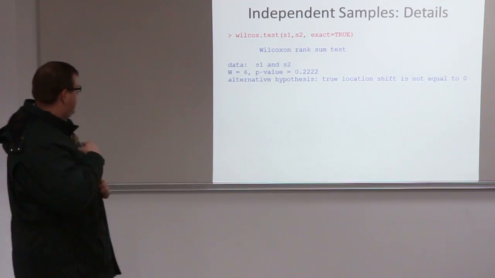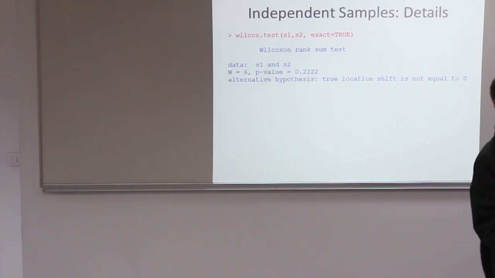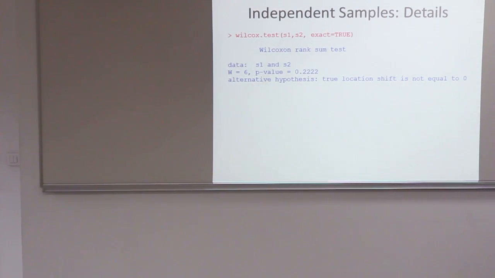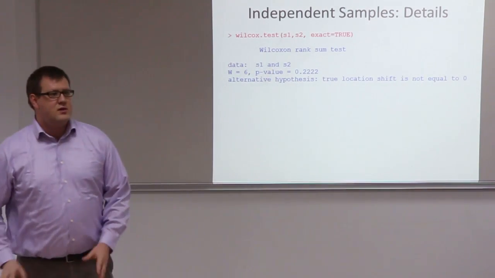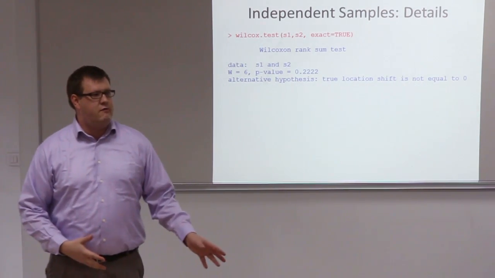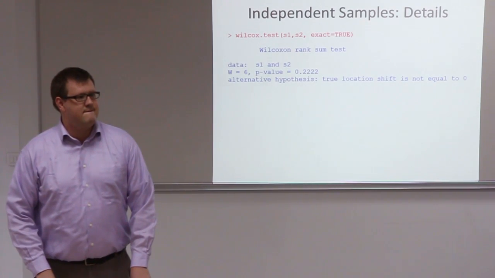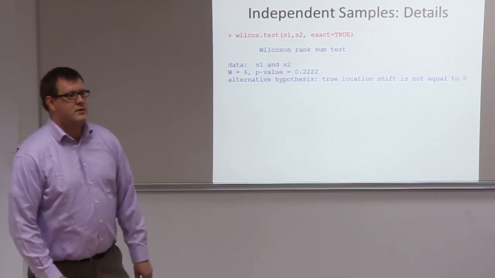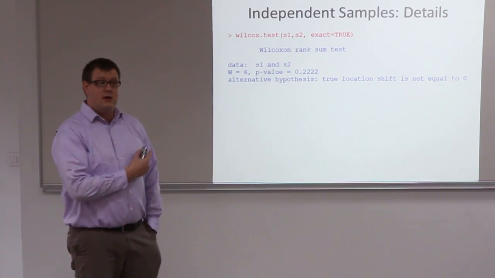Okay, so we have W equals 6. And she asked, what is W? The sum of the two V's. So the sum of the positive and the sum of the negative? The V that we had before, this isn't a mean. It's a sum.